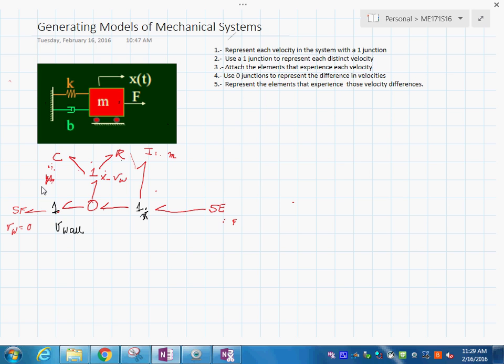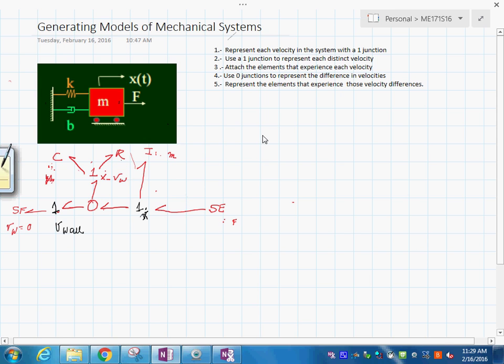This graph has the velocity 0 here, so we could suppress this. See, this part in here is as if it doesn't exist, because the velocity of this side is 0.